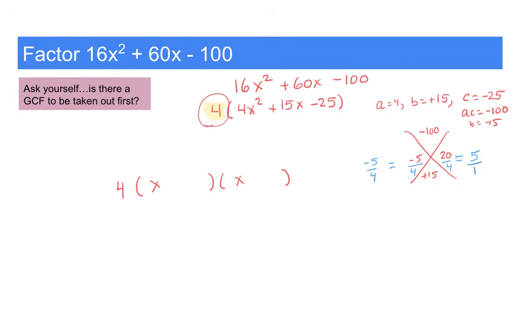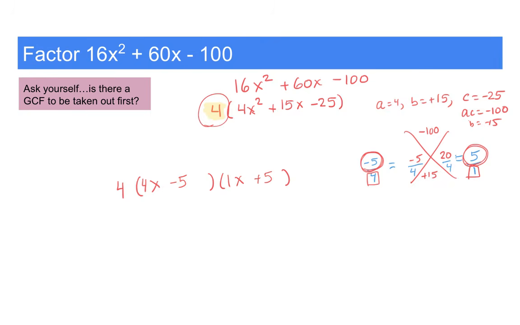The denominators from here, so the 4 is going to end up being one of the coefficients, and the 1 is going to be the other coefficient of x. So I found my coefficients of x. Now the constant part is the numerator, so right here, so 4x minus 5, and right here, 1x plus 5.